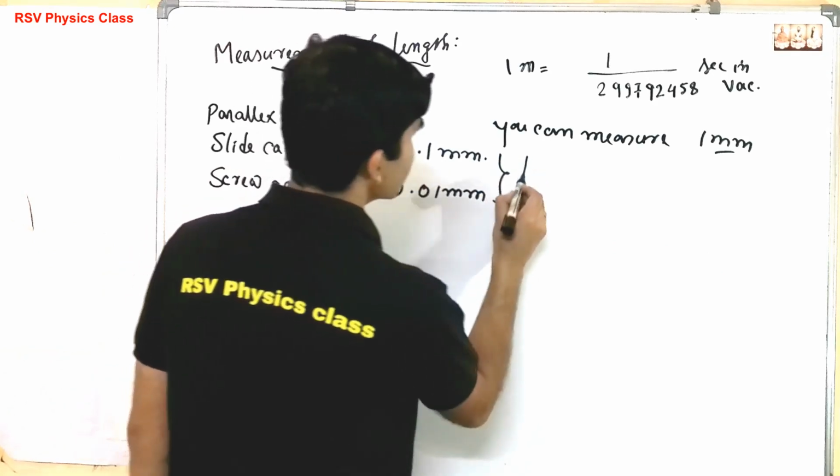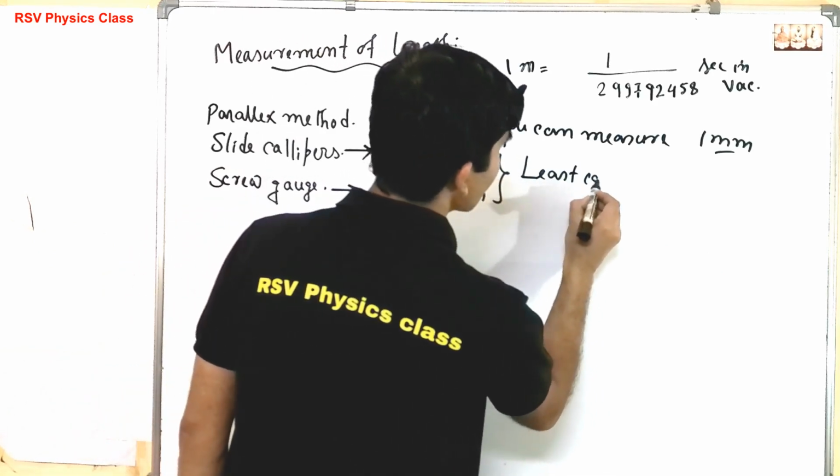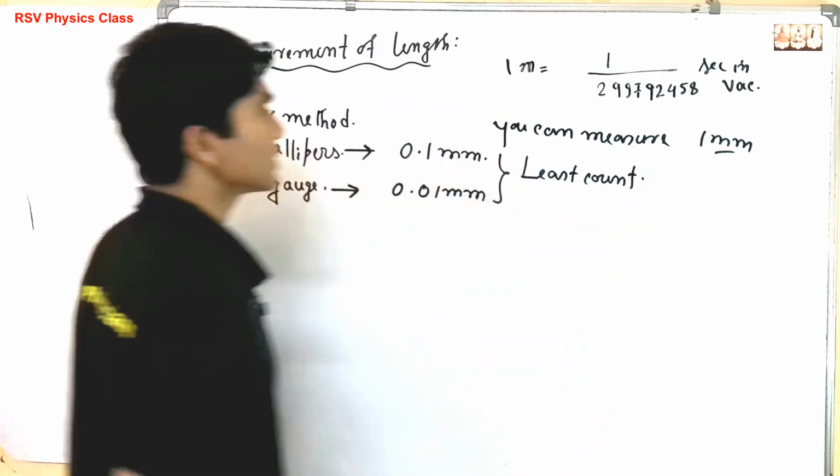These are the least counts, which I will explain later.